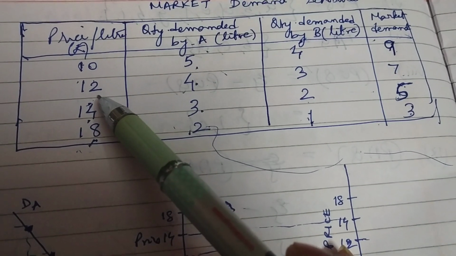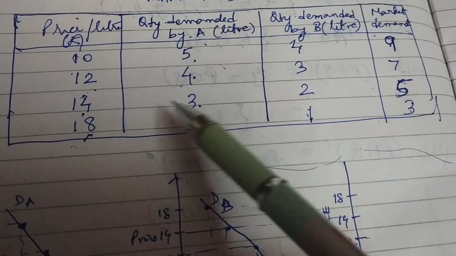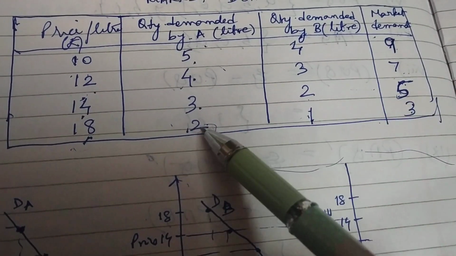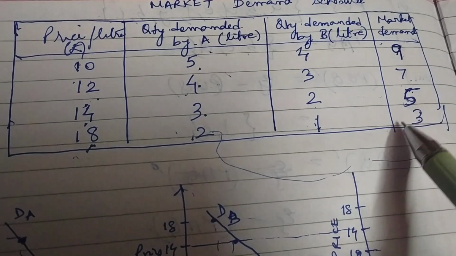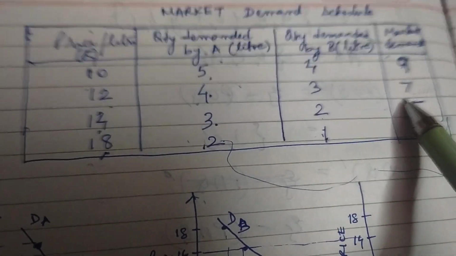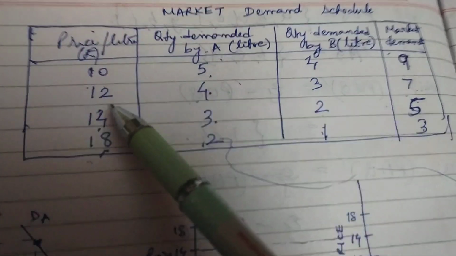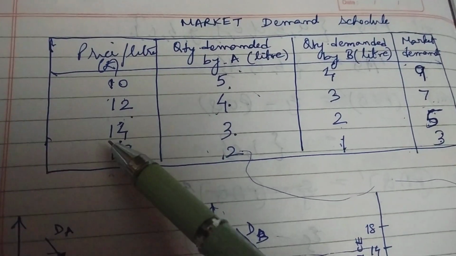At rupees 12, demand is again added, 4 plus 3, 7. Then at rupees 14, 3 plus 2, 5 and at 18, 2 plus 1, 3. So, this gives me the market demand. This entire table which shows the market demand at different alternative prices is the market demand schedule.